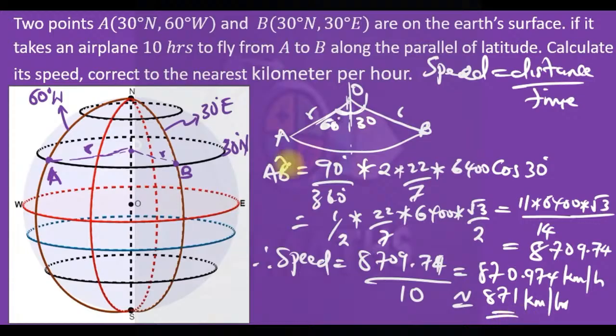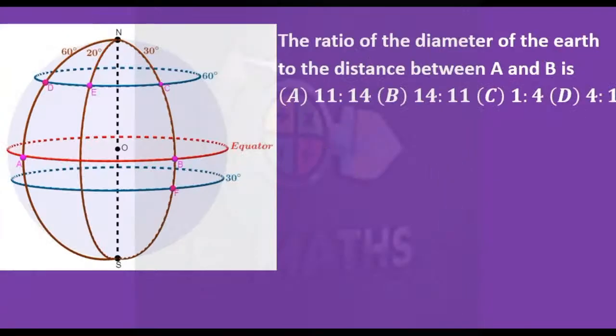So please, whenever you're asked to solve this, just draw a clear diagram. You are good to go. So they said the ratio of the diameter of the earth to the distance between A and B is, well, as you can see from the picture, A and B lie on the equator, and the equator is a great circle.